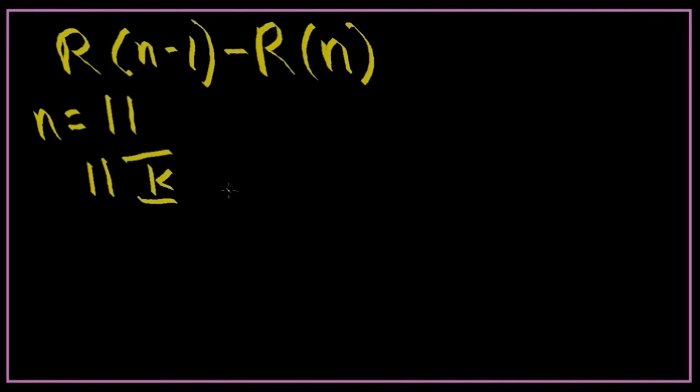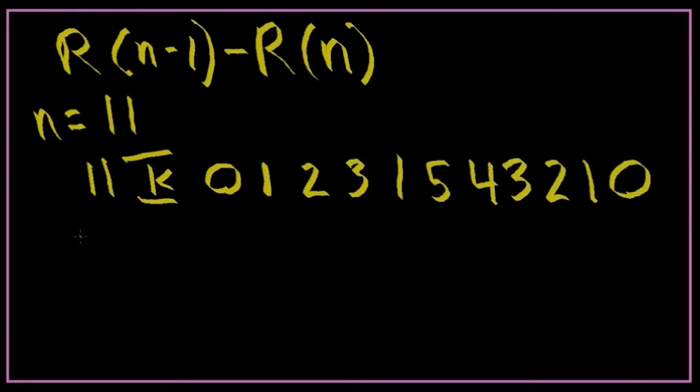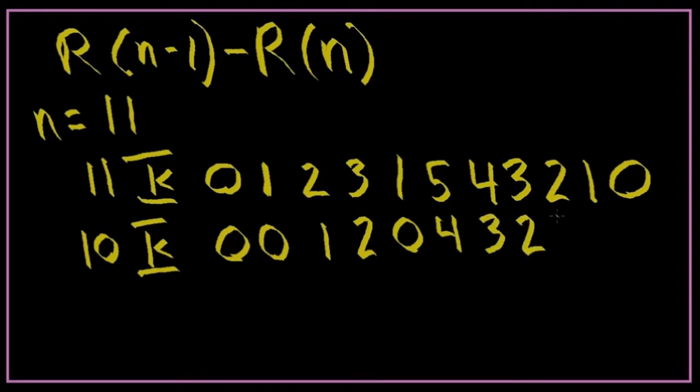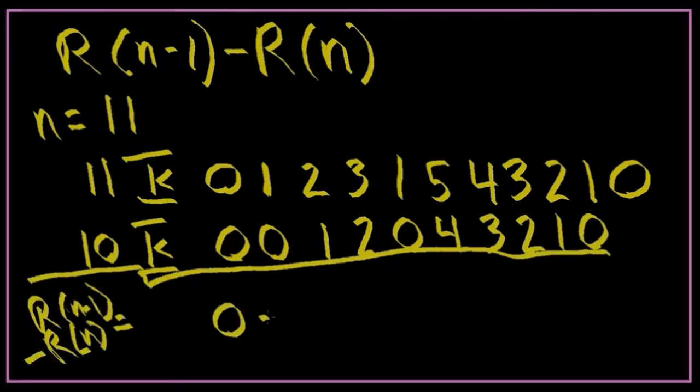So here, let's look at the residues for 11 and the residues for 10, and then subtract them. And obviously, other than at 1 and n, where we're going to have 0, we get negative 1s across the board because 11 is prime.